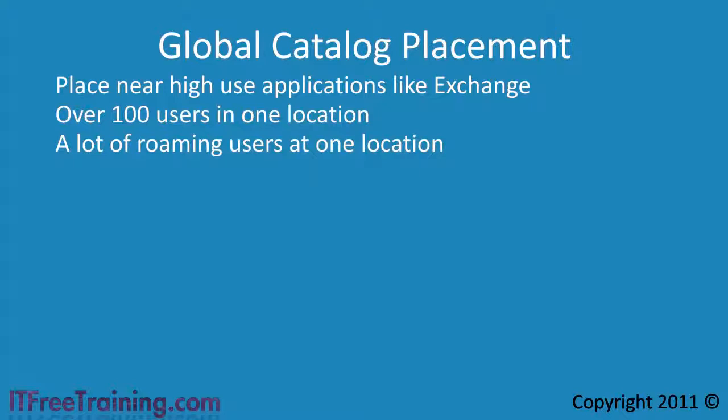The reason roaming users require a global catalog is when a roaming user logs onto a network from remote, the global catalog server needs to be contacted. Global catalog servers are used to determine membership when users are in universal groups. Universal groups are simply groups that can have users from multiple domains in them.